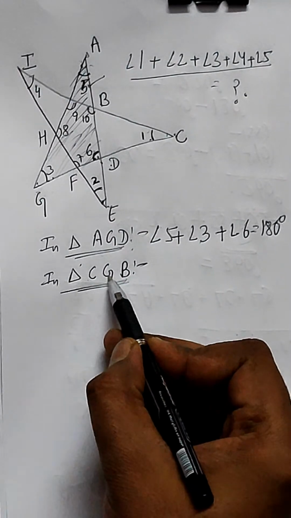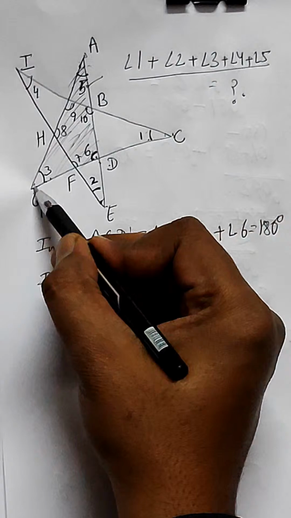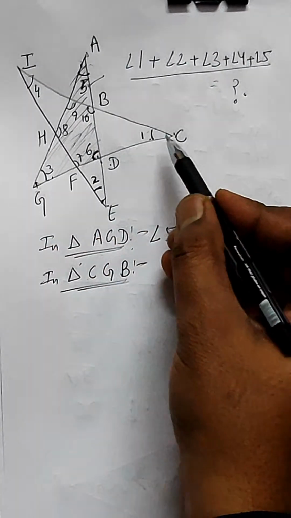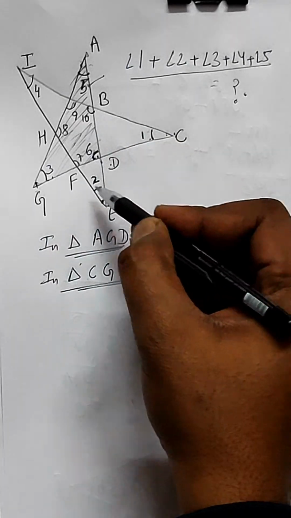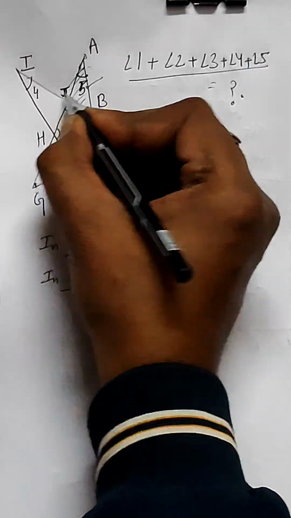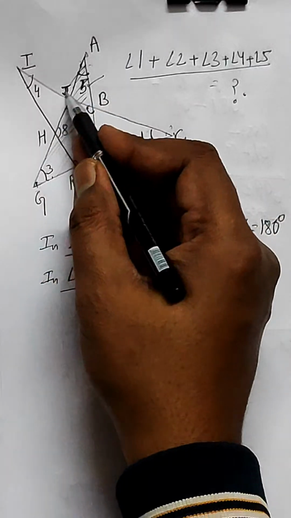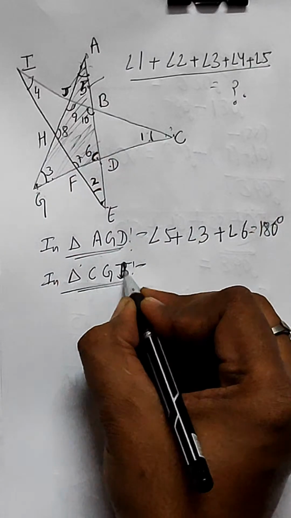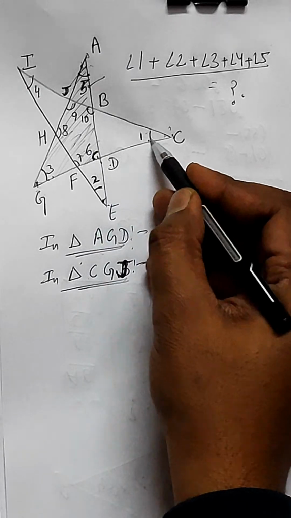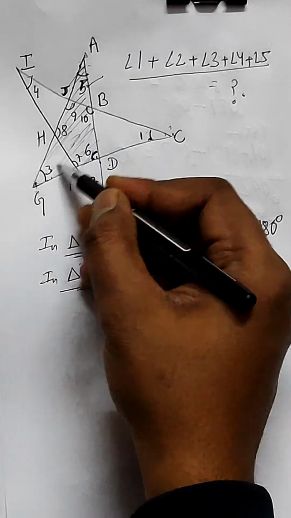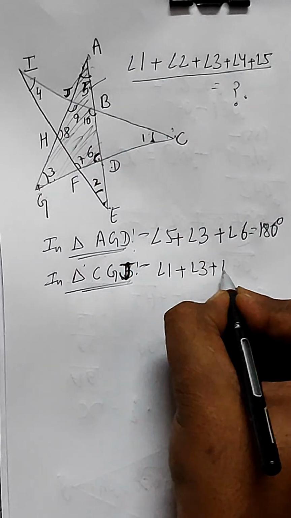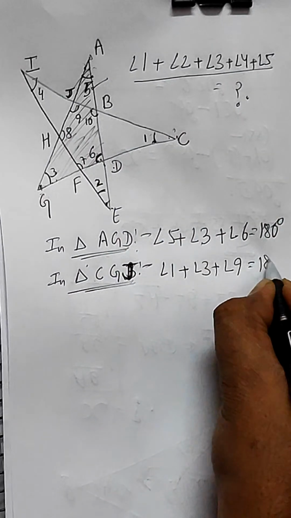So in triangle CGB, C is here, G is here, and B, C, D, E, F, G, H, I. No, let's name it J. So in triangle CGJ, what is the value of all angles? Angle 1 plus angle 3 plus angle 9 is equal to 180 degrees.